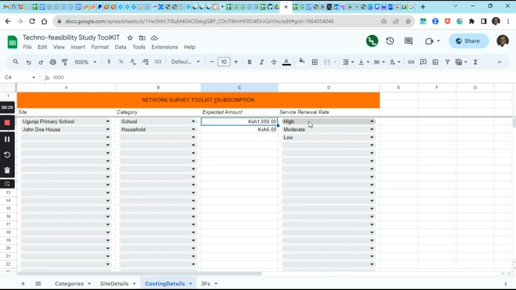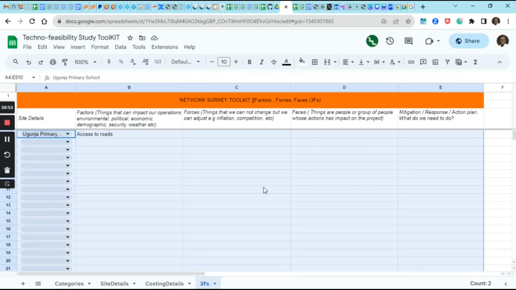Otherwise, if we just drop the network and we say you'll pay 1,000 or 10,000, someone will pay once because maybe of an urgent need and then fail to renew on a daily basis or a weekly basis or a monthly basis. So make them tell you, and then you reach a point where they see the need to renew.